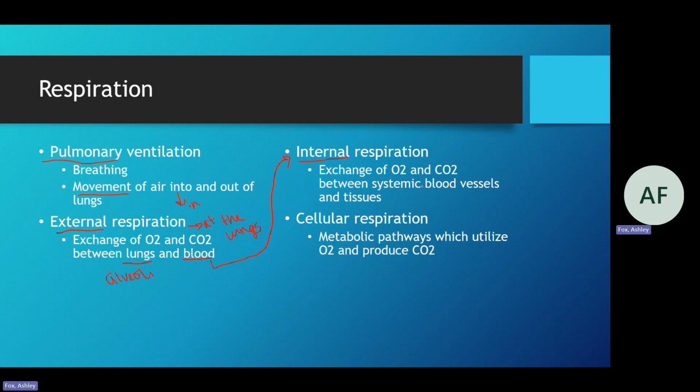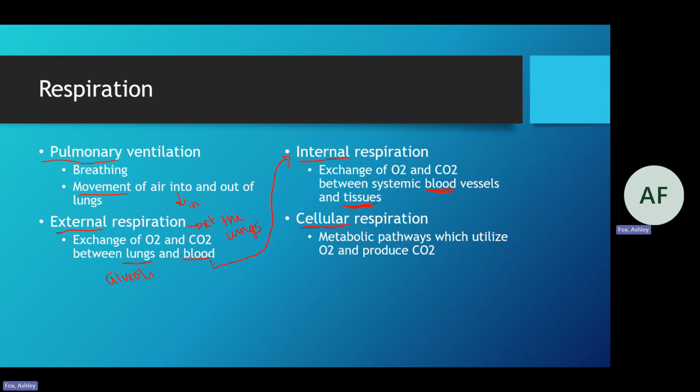This is exchange between the blood vessels and the tissues. So this is oxygen actually getting into the tissues to be used in the extracellular fluid, and carbon dioxide going back into the bloodstream to go back to the lungs. So internal respiration is between the systemic blood supply and the actual tissues that need these gases to be exchanged.